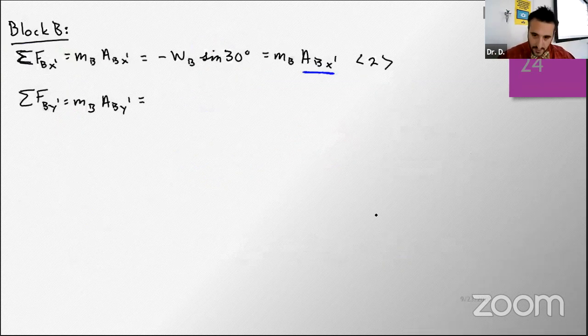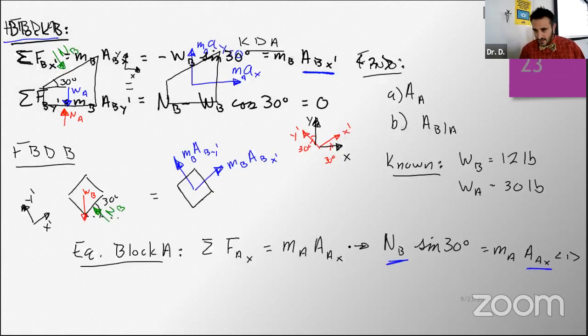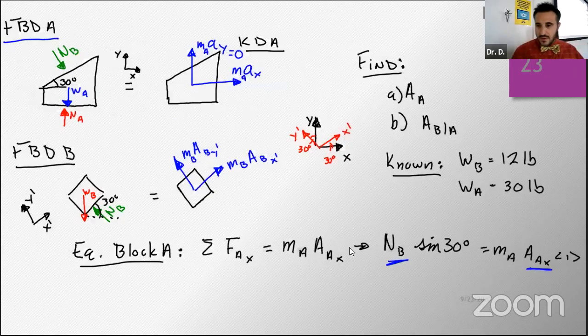The sum of my forces is the normal force minus my weight cosine of 30 degrees, and this is equal to 0, because in the y prime direction this should not be lifting off of my surface. Because of the way I've drawn my coordinate system, this is going to be 0.